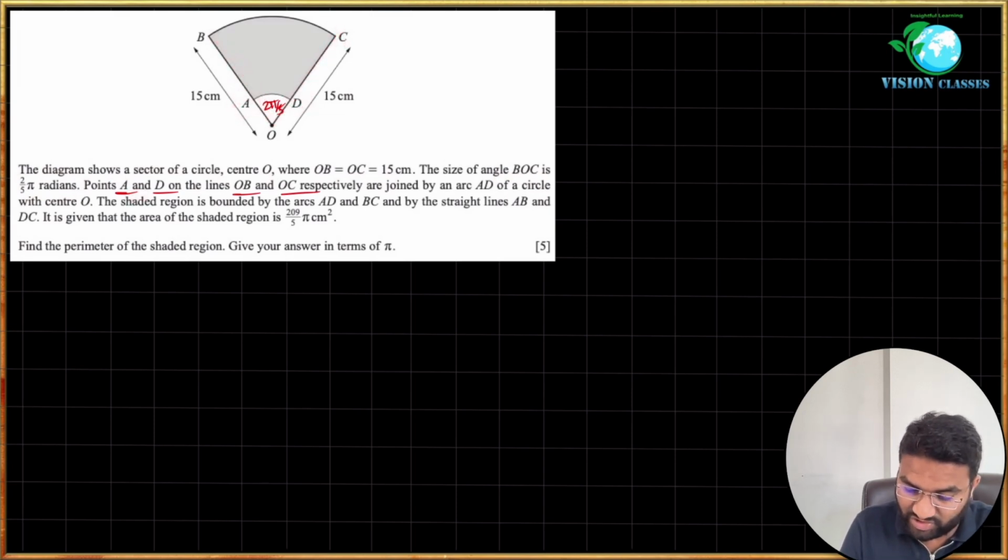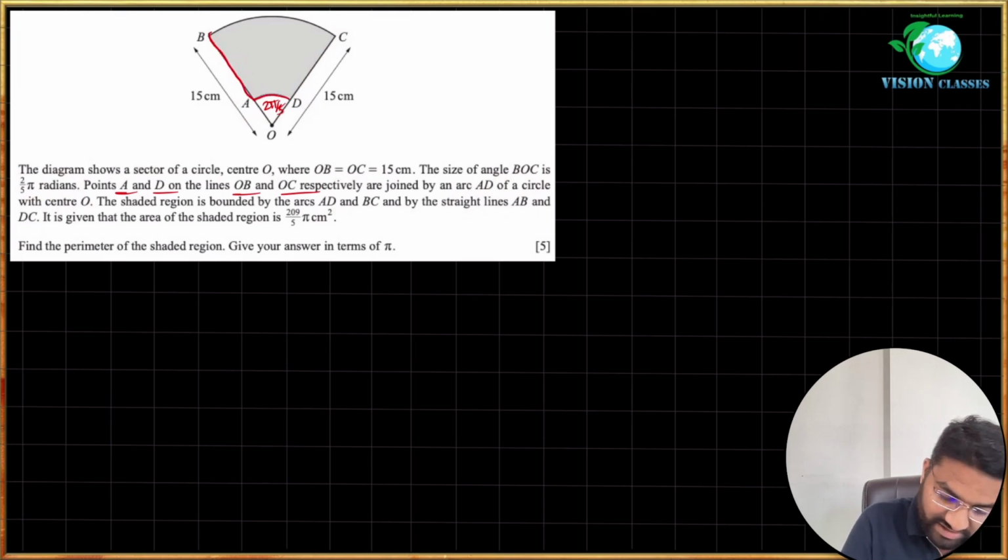These are joined by an arc AD of the circle with center O. The shaded region is bounded by the arc AD and BC, and by the straight lines AB and DC. This is the complete shaded region.